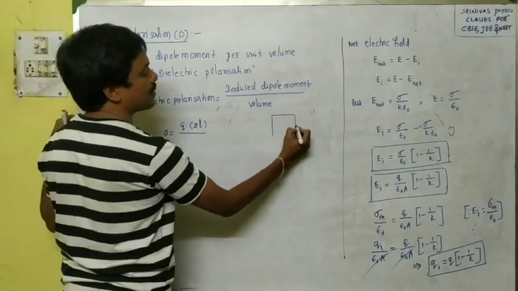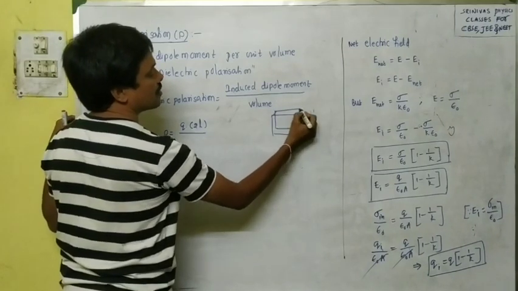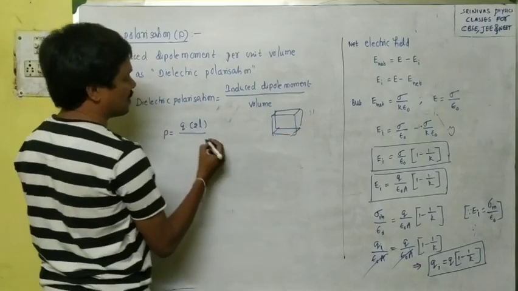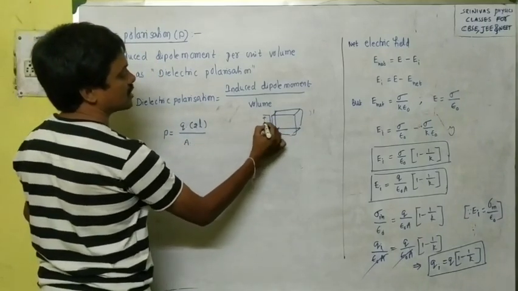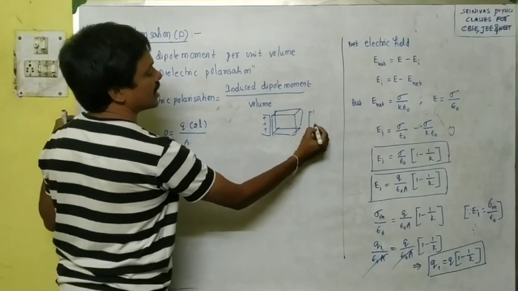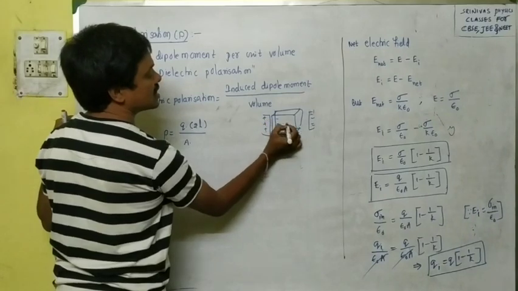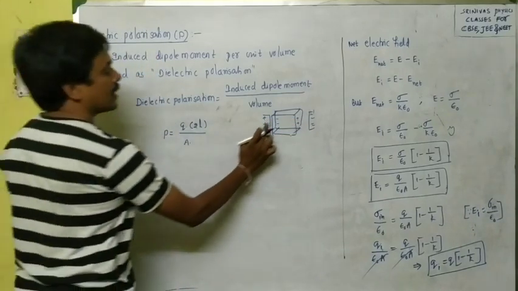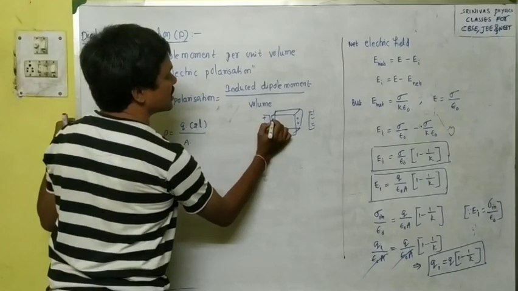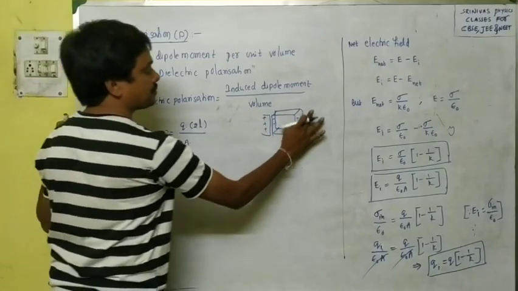For example, we are placing a dielectric in the shape of a cube. Its volume we write as area into length. On this side a positive charge and on this side a negative charge is induced.